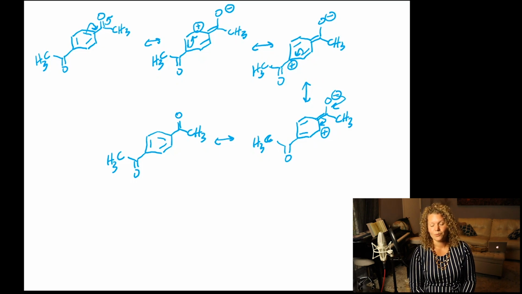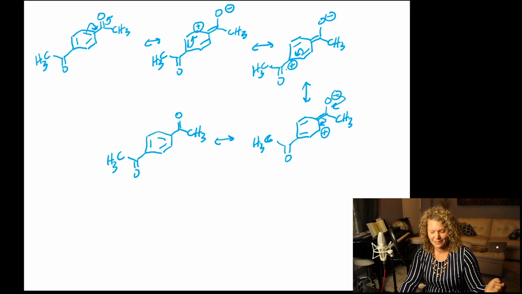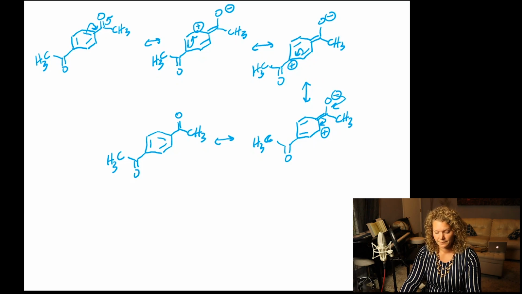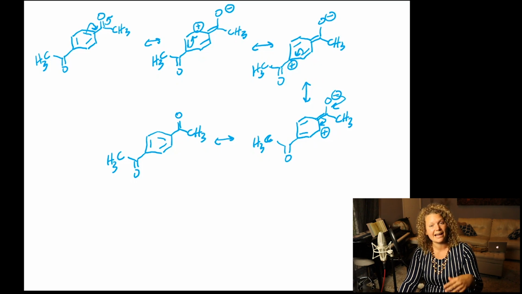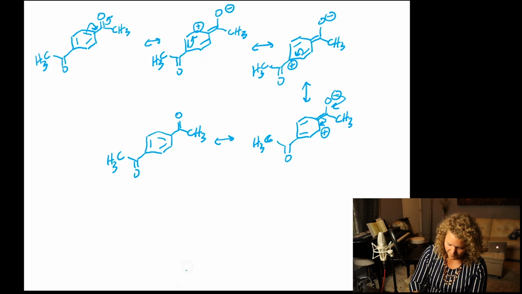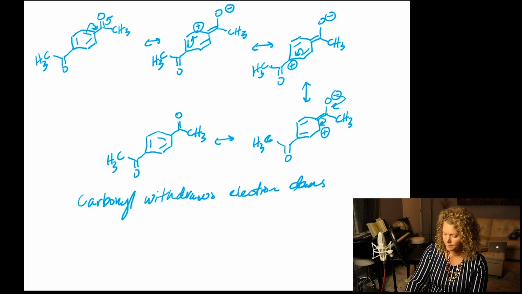Now, we could also go through and do the resonance using the other carbonyl, and you'll see that positive charges form on all of the carbons in this molecule. So you could go through and do that as well. What you're seeing is that the carbonyl withdraws electron density from the aromatic ring.